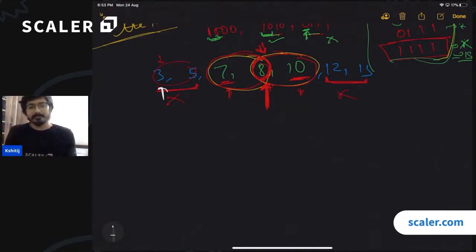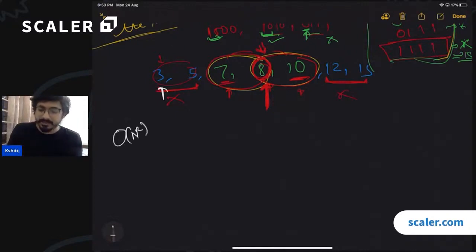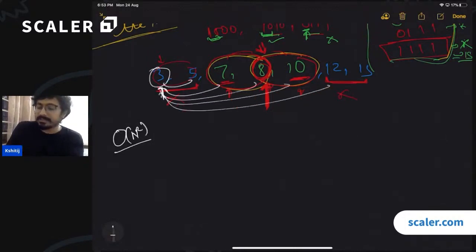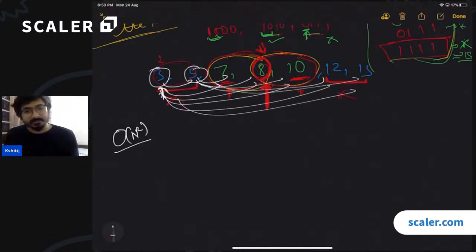If you find a smaller XOR, then you store that in the variable. This is going to cost you order n square time, because for every number you are going to take the XOR with every other number. This is going to be an n square approach.